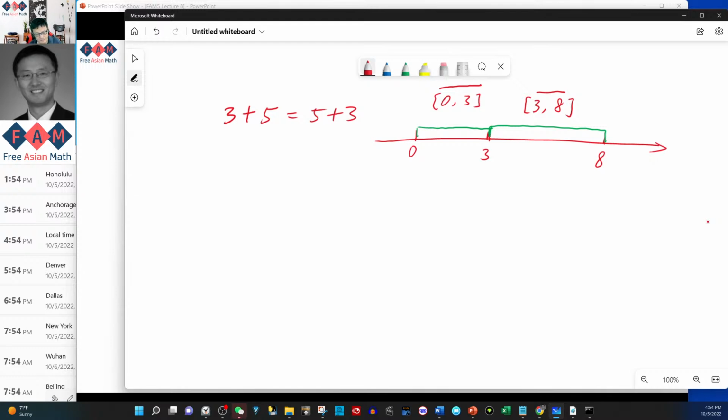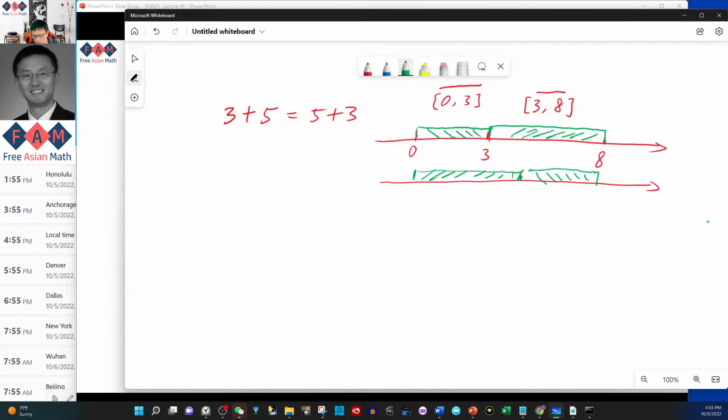The geometric interpretation of this law on the number line is nothing but if we swap the two line segments, essentially move this one to the left and move this one toward the right.